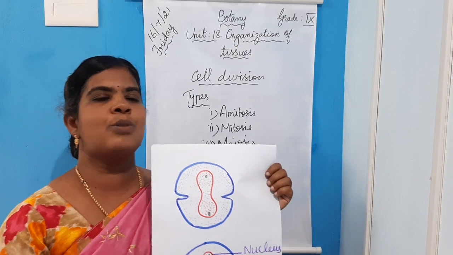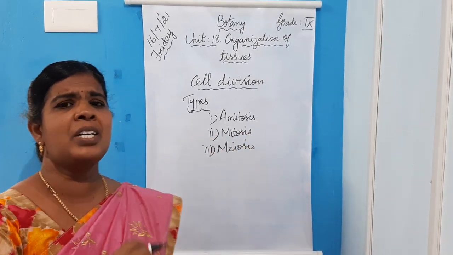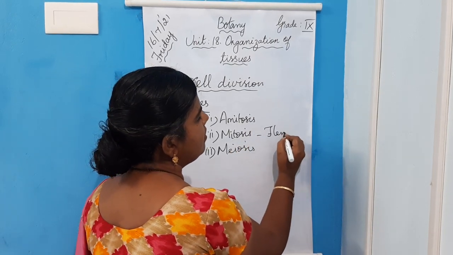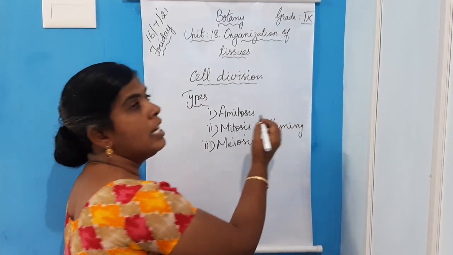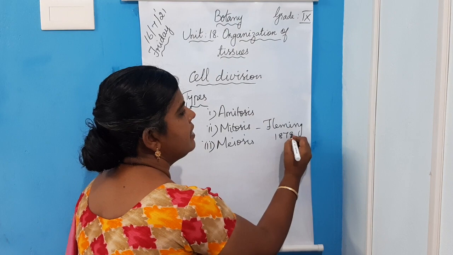Okay, what is the next one? The next type of division is mitosis. It was first discovered by Fleming in 1879.